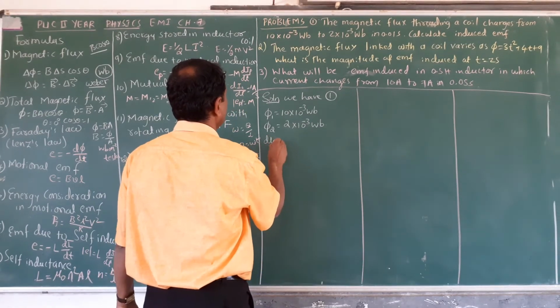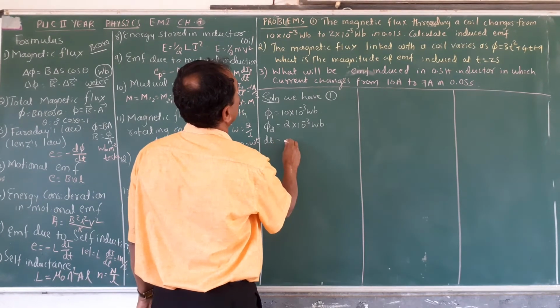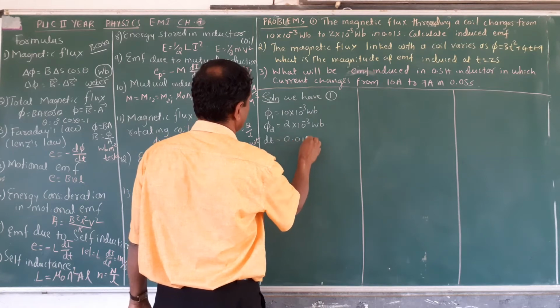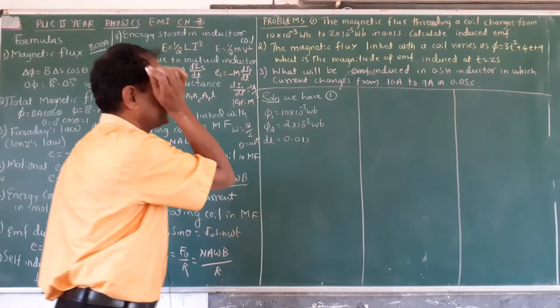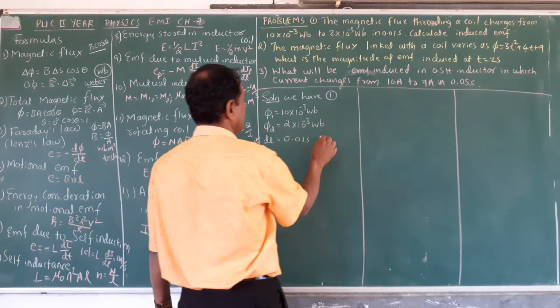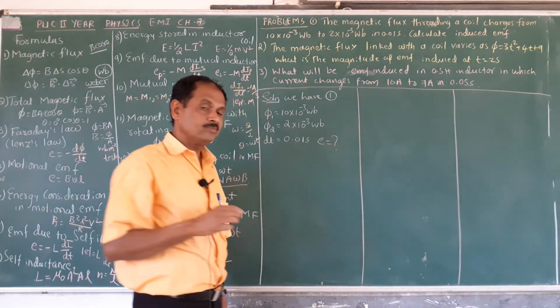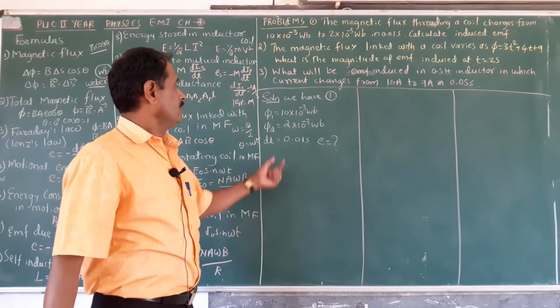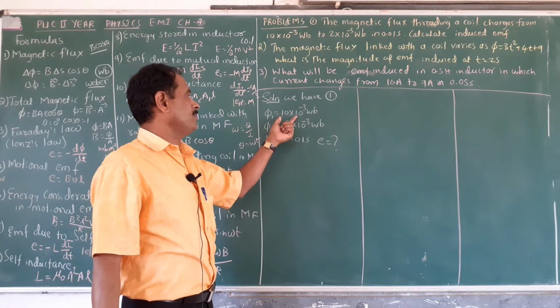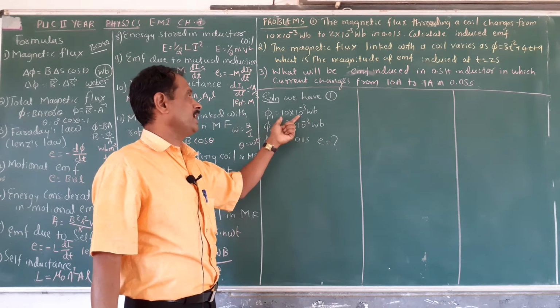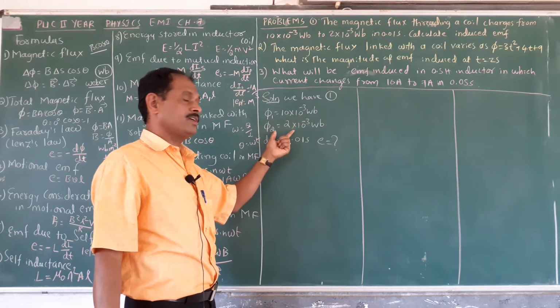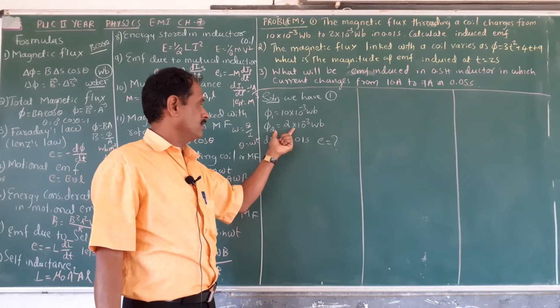The time dt is 0.01 second. Calculate the induced EMF. Here the change in magnetic flux is from the initial to the final magnetic flux.